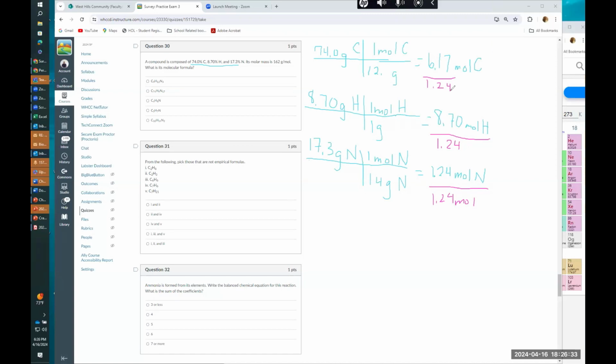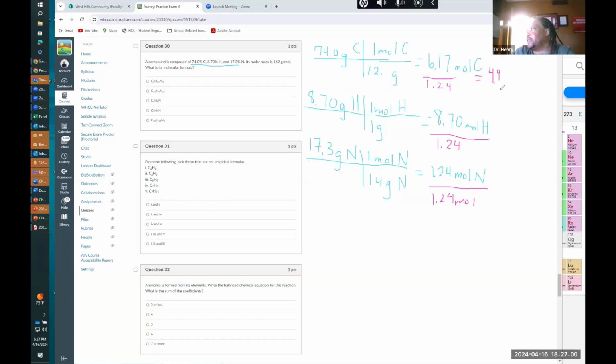That first one would be 4.98. We stay with three sig figs, right? That's right. It says 4.975, so 4.98.